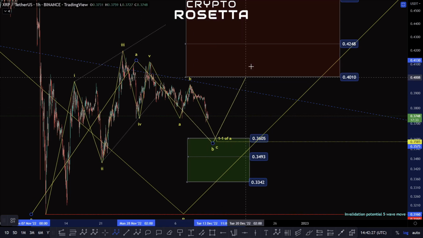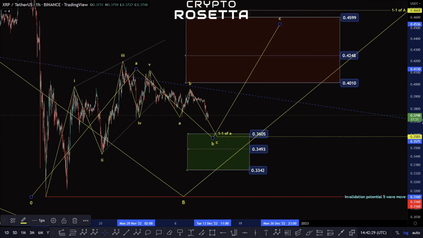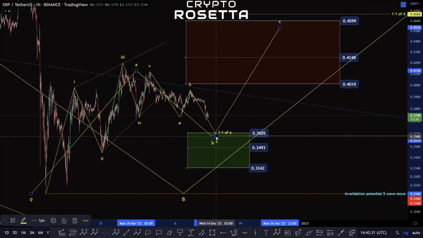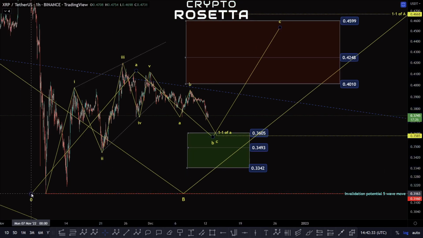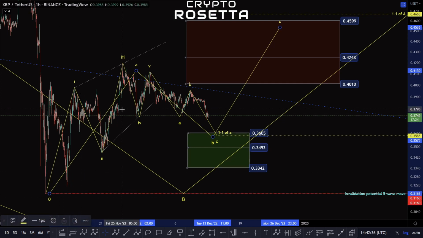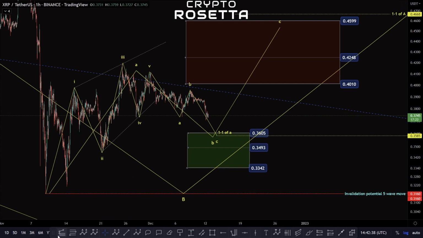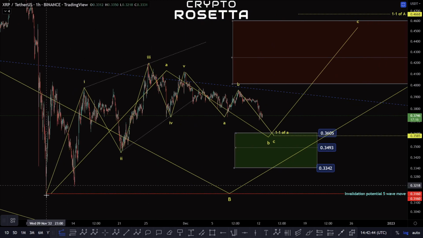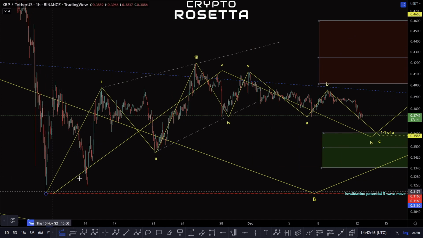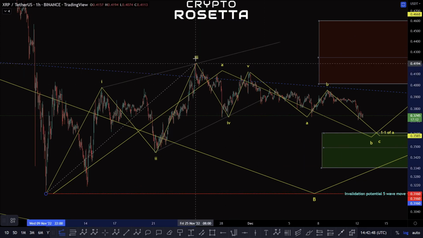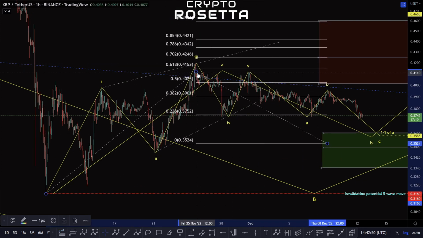So what we could be looking for potentially is that this is all an A wave into this high point. We're looking for this B wave, and then we're going to look to form a C wave to the upside. I'm just doing this off the 1-to-1 because that's a typical area for these C waves to go in relation to the A wave. But there are some other options which we're going to go over. So if we drop this onto the bottom and get this on the top, I'll have to readjust this again.